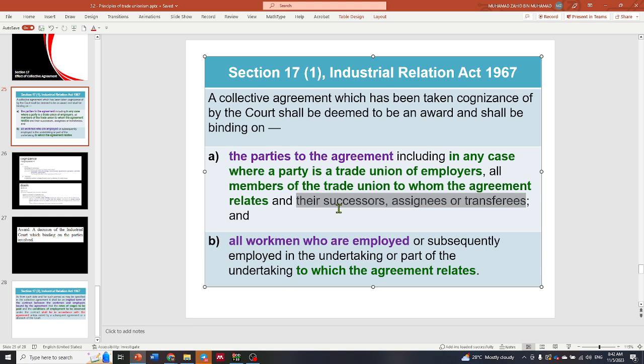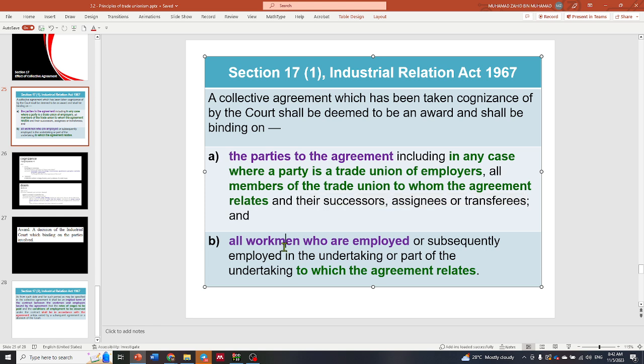Contohnya kaum dalam piagam Madinah tu dah dinyatakan, piagam Madinah kata kaum Muhajirin dan Ansar apa yang patut mereka buat, ada kerja atas senjata dan sebagainya. So the same thing apply dalam collective agreement ni, yang mana setiap member yang sign tadi dah setuju untuk tidak buat perkara-perkara yang dinyatakan dalam collective agreement tersebut.